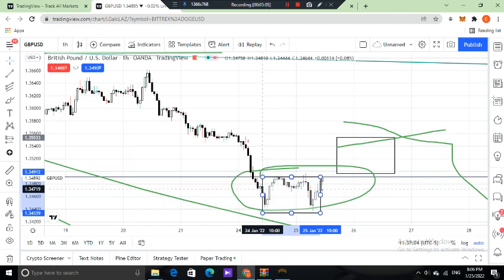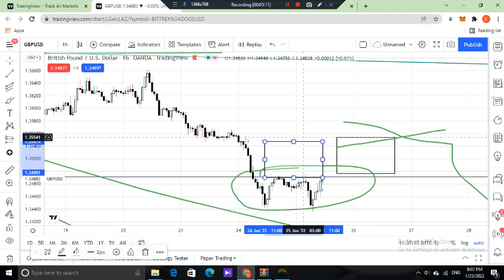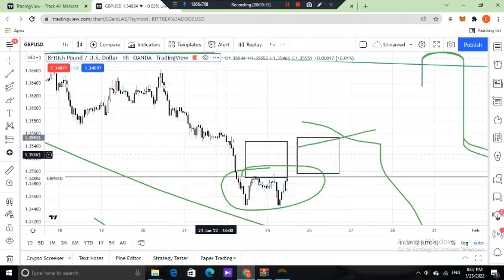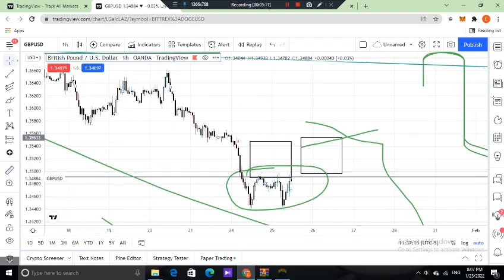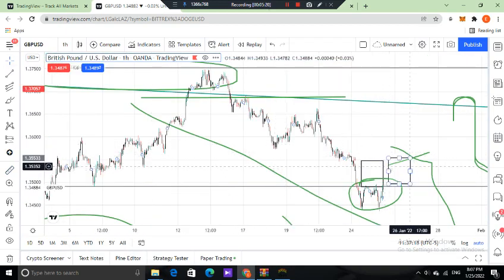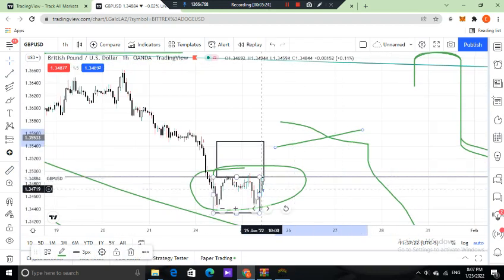If you measure the high of this pattern and just copy paste it, you get this target. So you can have an order here or whatever. That's interesting.